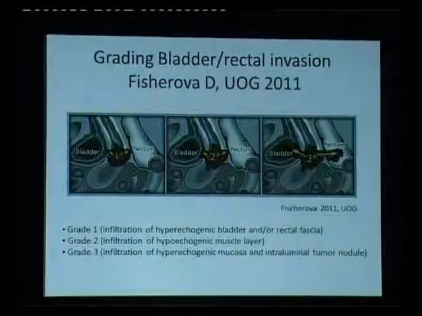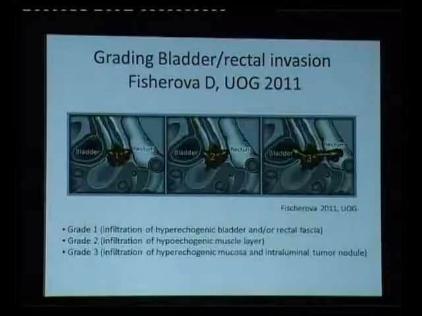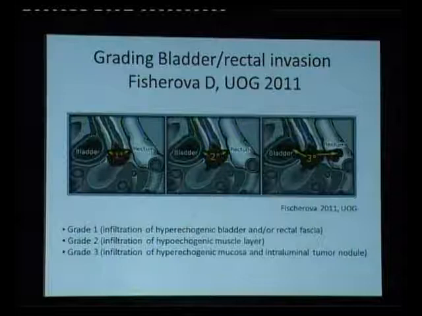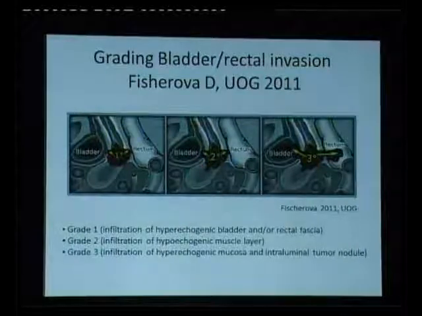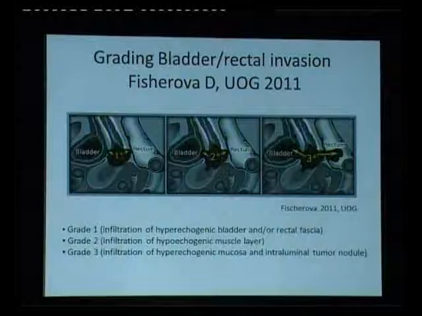This grading can also be done when you're talking of the amount of infiltration towards the bladder or rectum, whether it's only invading the septum or whether it's invading the hypoechoic muscle layer or even the surface of the mucosa within the bladder.